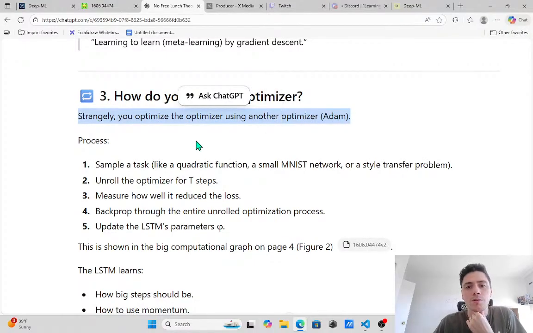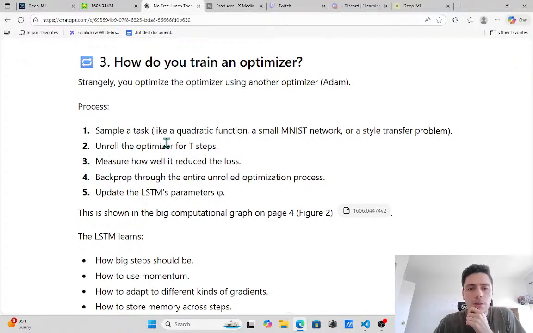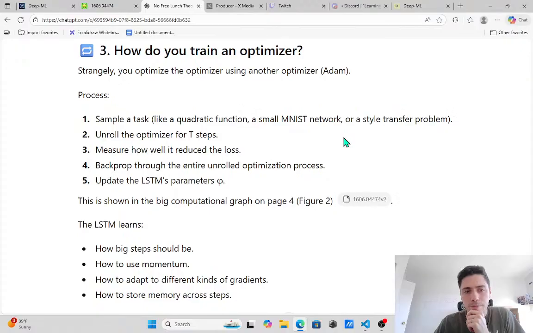The optimized optimizer using another optimizer is Adam. Sample a task, like quadratic functions in a small image network. Okay. Unroll the optimizer for T steps.